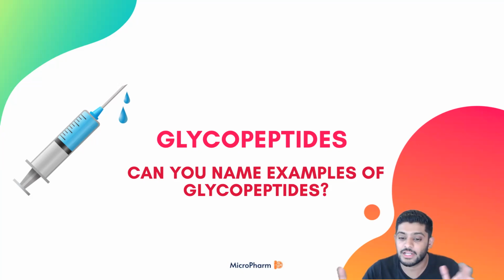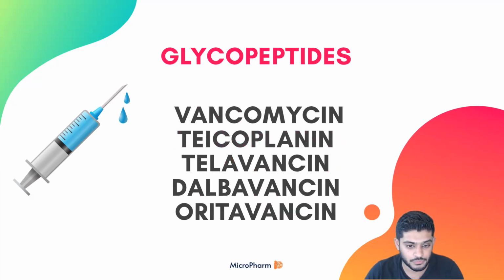The usefulness of dalbavancin is that it has a really long half-life of approximately 7 days. Another relatively new glycopeptide on the market is oritavancin, which also has a very long half-life, like dalbavancin. The most commonly prescribed in the UK is, of course, vancomycin.